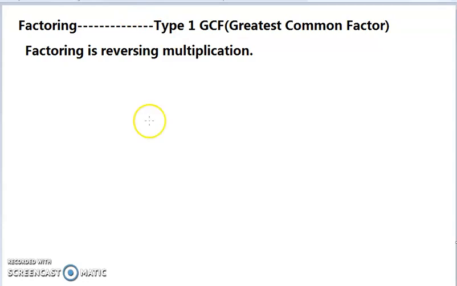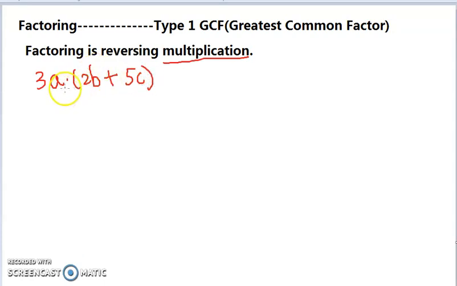Let's say we are going to multiply 3a times (2b plus 5c). So this is a multiplication question.